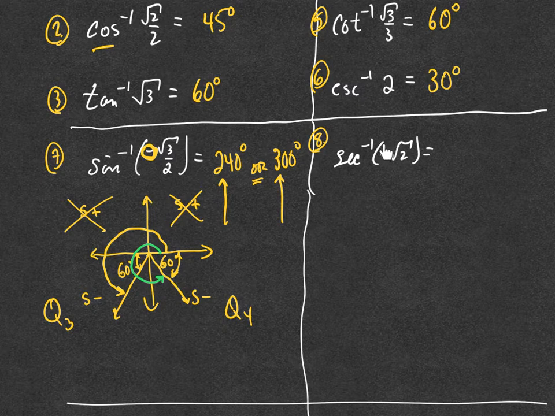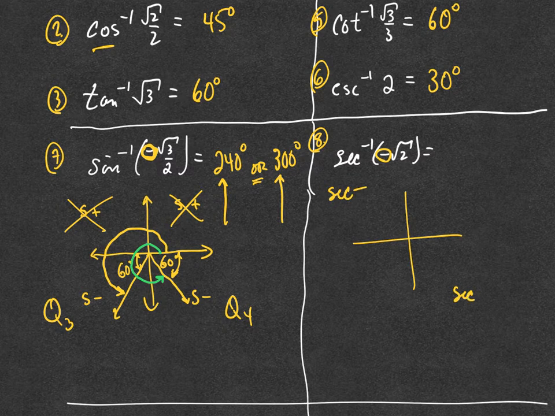But I actually have to get the little hand icon out of there. And now to answer the question, where is that going to be negative? So again, what we have to do is go to our chart and ask ourselves, where's the secant negative? And from your chart, you see that the secant is negative in quadrant number 2 and in quadrant number 4. So you're going to have a choice of either drawing in the 45-degree reference angle in 2 or the 45-degree reference angle in 4.